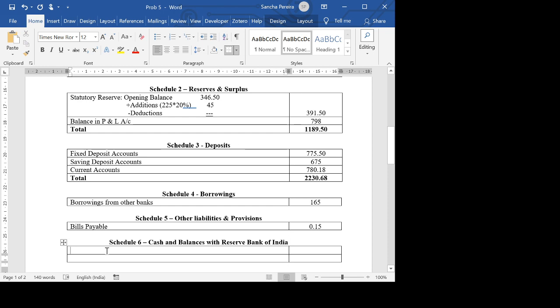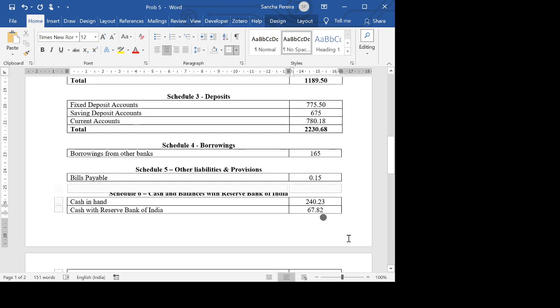Now you have to look at your assets side, cash in hand which is 240.23, and you also have cash with RBI which is 67.82.